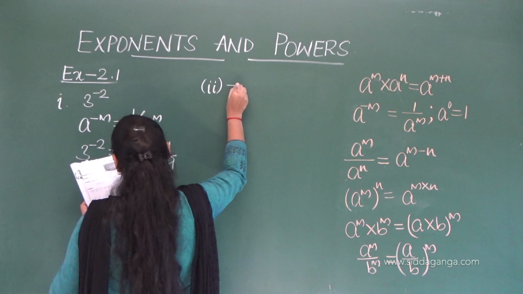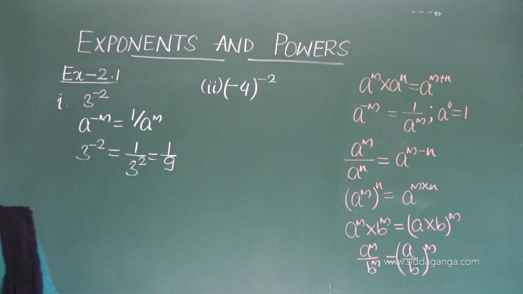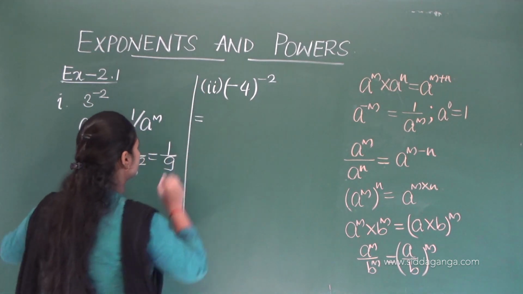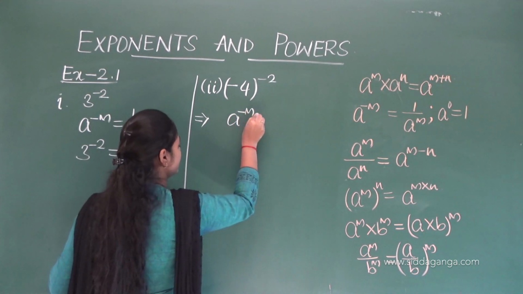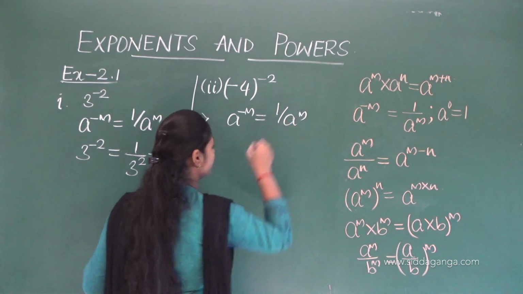Next one, minus 4 whole to the power of minus 2. A to the power of minus m is equal to 1 divided by a to the power of m.